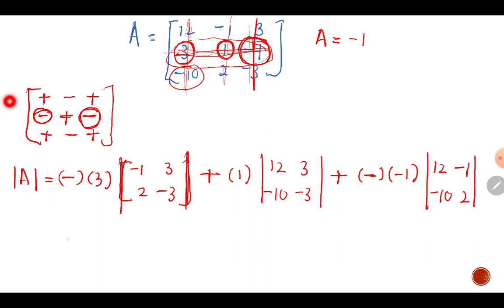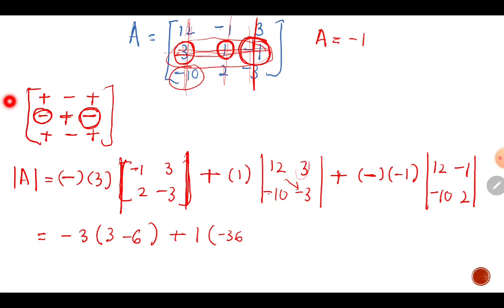Okay, so quickly let us find out the value. Negatif 3, kat sini negatif 3 kan. And then negatif negatif 1 darab dengan negatif 3 is 3 tolak 6. Okay, tambah 1 kat sini, yang ni pula 12 darab dengan negatif 3 is negatif 36 tolak dengan 30.